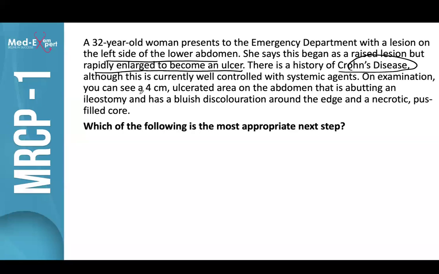On examination, you see a 4 centimeter ulcerated area in the abdomen, abutting an ileostomy, with a bluish discoloration around the edge and a necrotic, pus-filled core. Okay, this is somebody's abdomen. The ileostomy is done here. Around the area, you find a lesion like this, a rapidly enlarging ulcer with bluish discoloration around the edge and a necrotic pus-filled core.